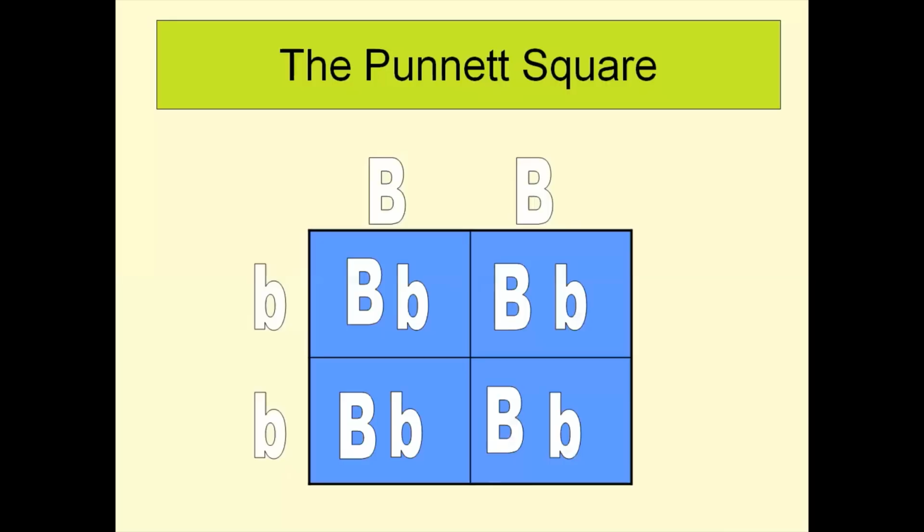So this is how we use the Punnett square to find out the possible genotypes of the offspring. Here we notice that all the possible genotypes are capital B, small b, and the resultant phenotype will be brown eyes because in each case the dominant allele will mask the recessive allele. Had it been small b, the possible outcome could have been blue eyes.